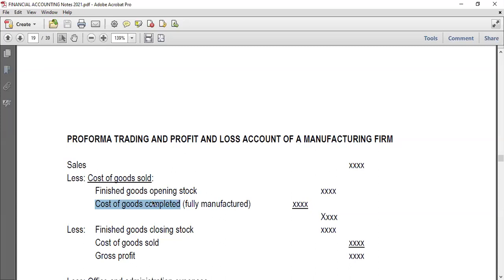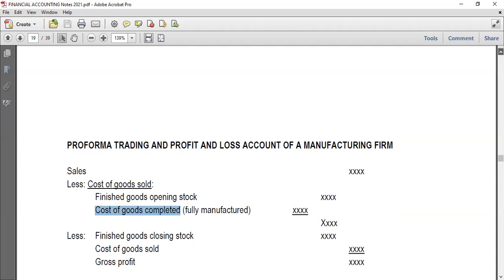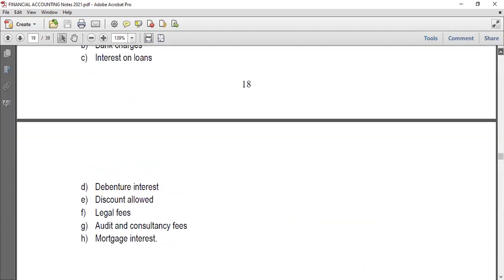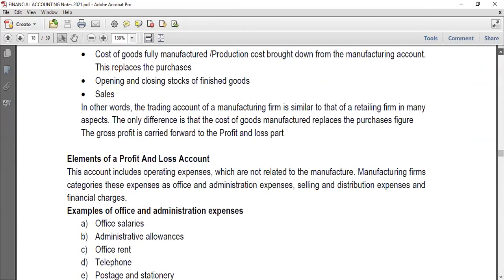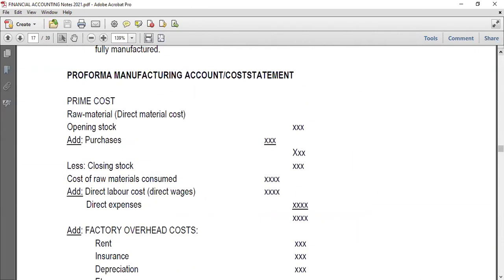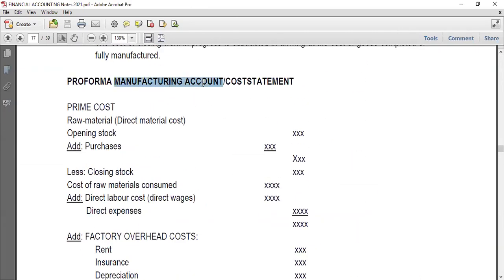So instead of adding purchases to your opening stock, you rather add cost of goods completed, okay? That is the reason why we draw up our manufacturing account statement, which I will just show you. This manufacturing account or cost statement, this is how it looks.